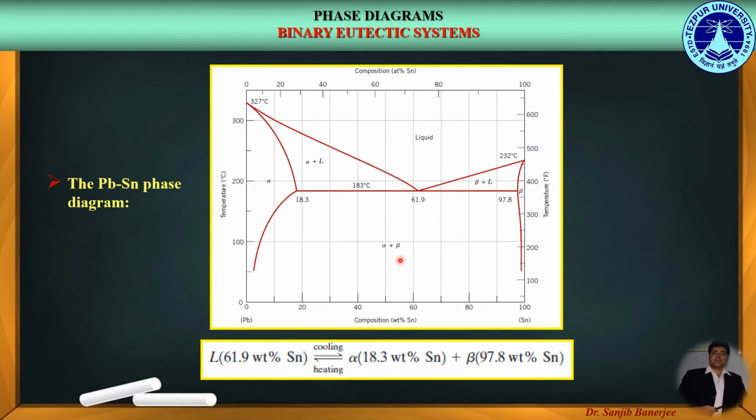So, similar to the previous phase diagram, as per the lever rule, the composition of alpha is 18.3% of tin, which we get from this intersection point, while beta has a composition of 97.8% of tin, which we can evaluate from this particular intersection point.